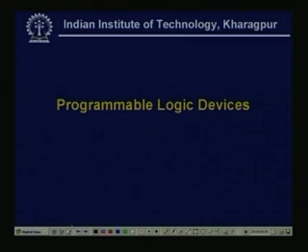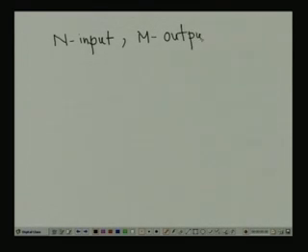So, if we consider an n input m output PLA, then what will be the programmable AND array and the OR array structure.